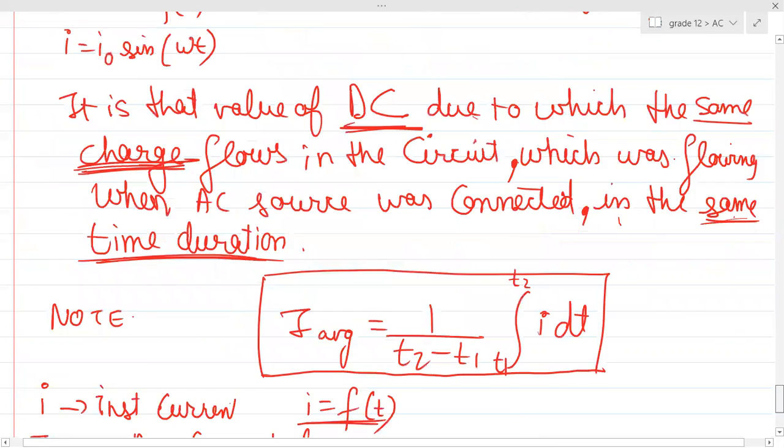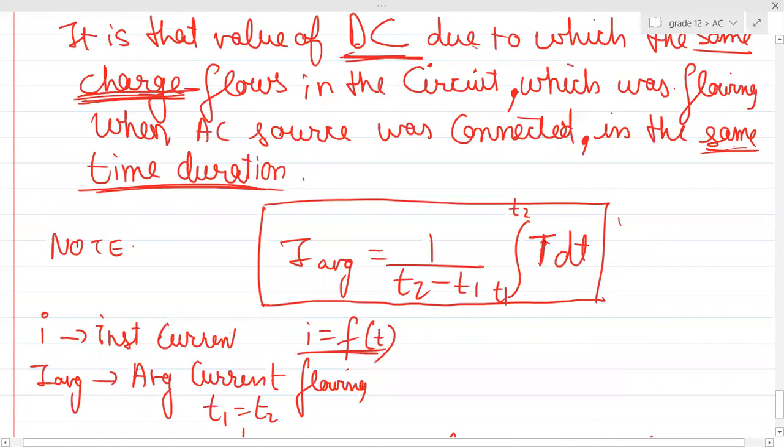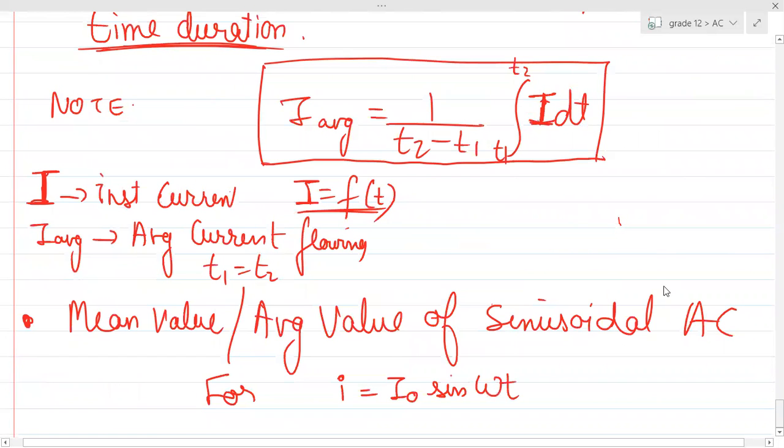If you are not comfortable with writing small I, then you can write capital I, no problem. Capital I is the instantaneous current, I naught is the peak value, and I average is the average value.